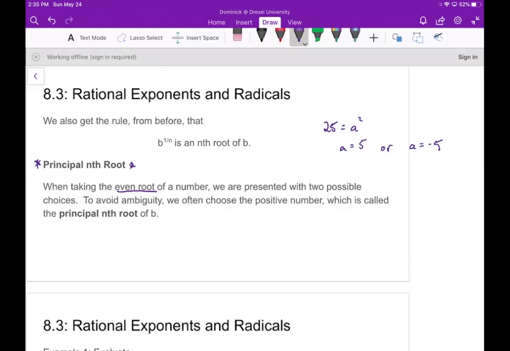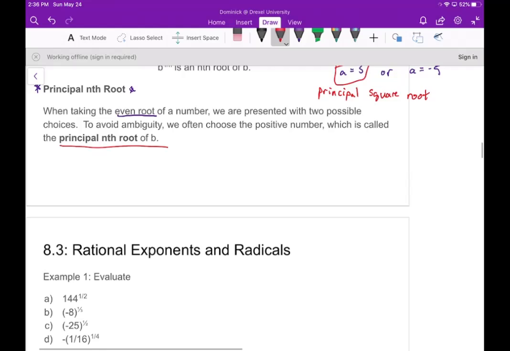In order to avoid ambiguity, we usually choose the positive version, and we call that the principal square root. In general, it'll be the principal nth root. Most of the time we do consider the positive one, but keep in mind that there are both a positive and negative solution to the even root problems.